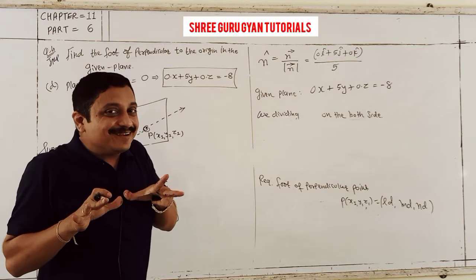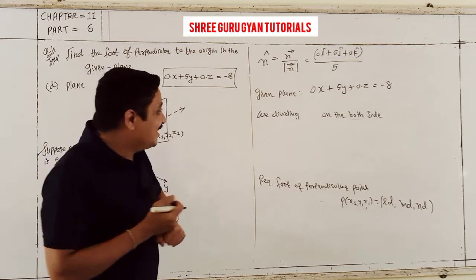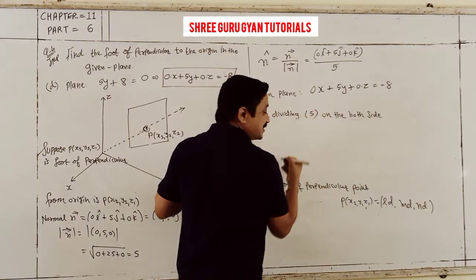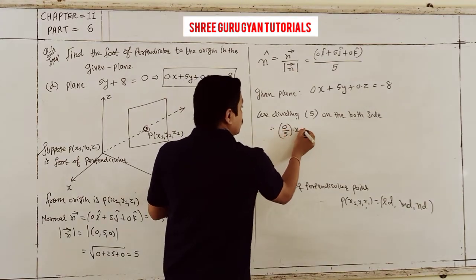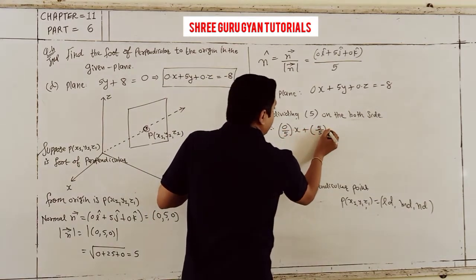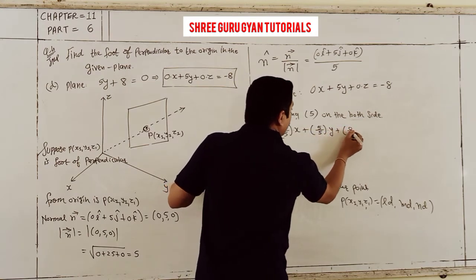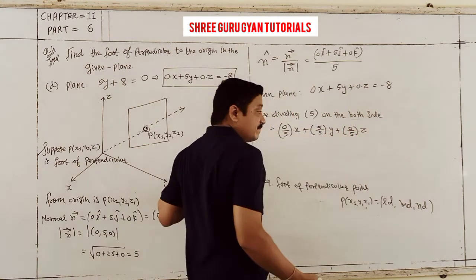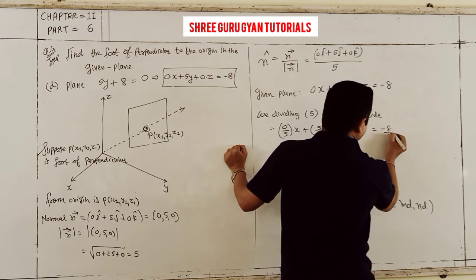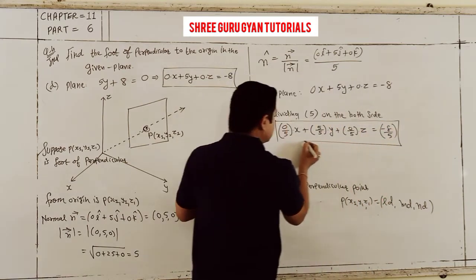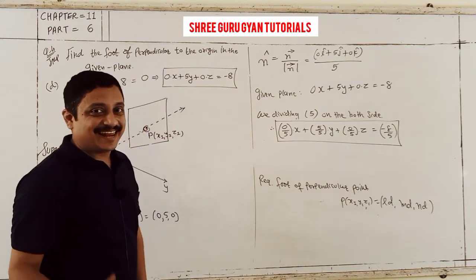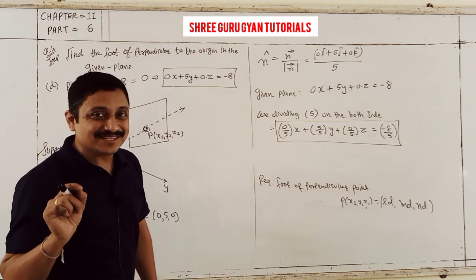We divide both sides by 5. Yes, dividing 5 on both sides. So 0 by 5x, 5 upon 5y, 0 by 5z is equal to minus 8 by 5. And here you will stop. And that represents Lx plus My plus Nz.